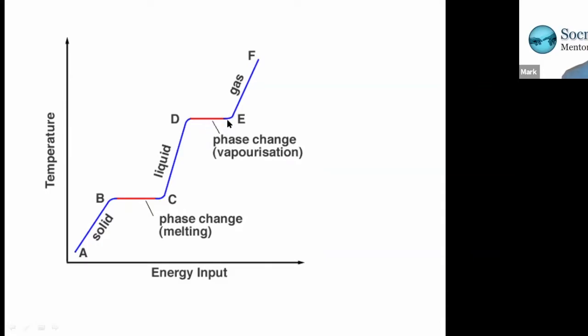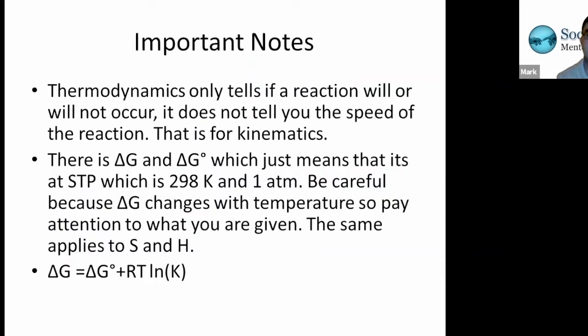Then once you reach point E, all of the water is turned into gas. Then you add more heat into the gas, and the gas will increase temperature again, and you'll eventually get to point F. Okay.